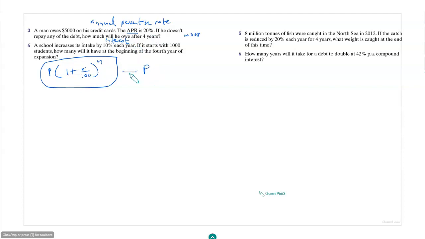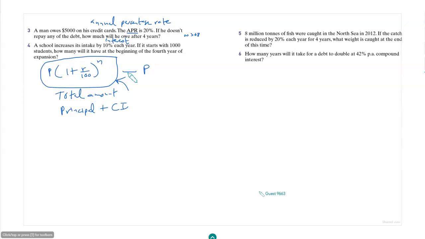So P into 1 plus R by 100 to the n is called the amount. This amount will include the principal and the compound interest.